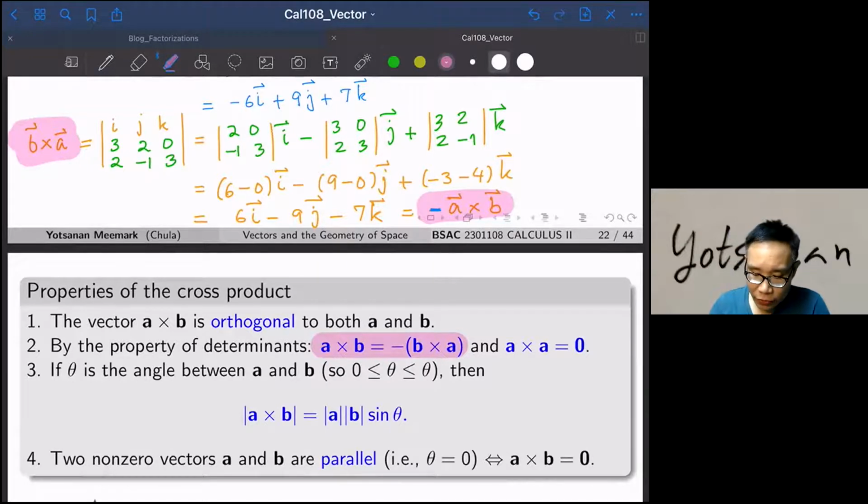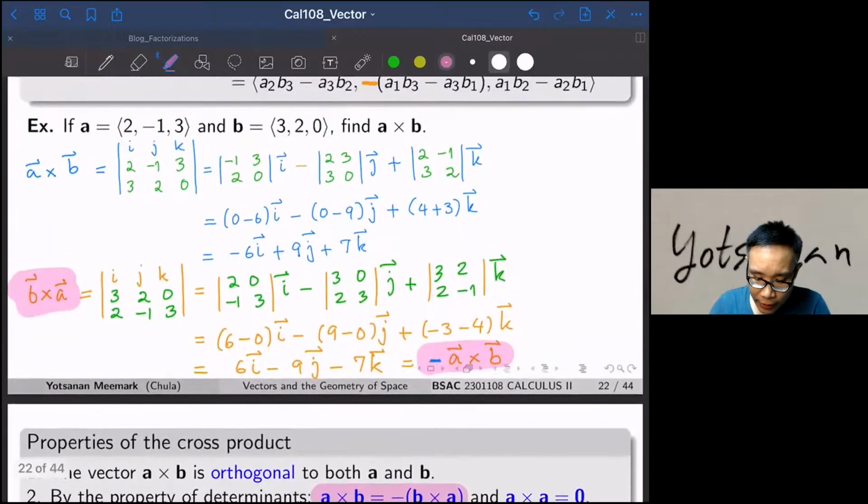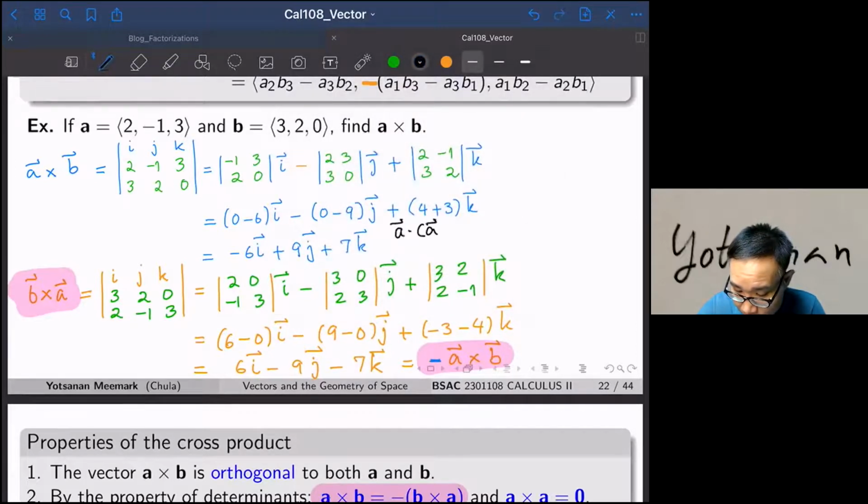Another thing I would like you to notice: if you have A equal to (2, -1, 3) and A cross B equal to (-6, 9, 7), let's find A dot (A cross B). It's (2, -1, 3) dot (-6, 9, 7).